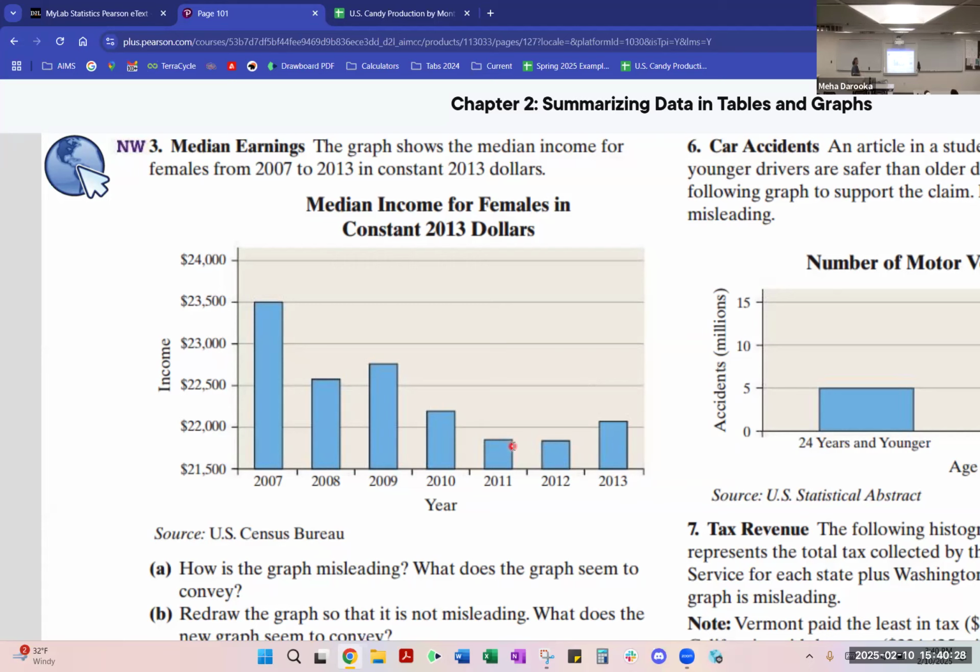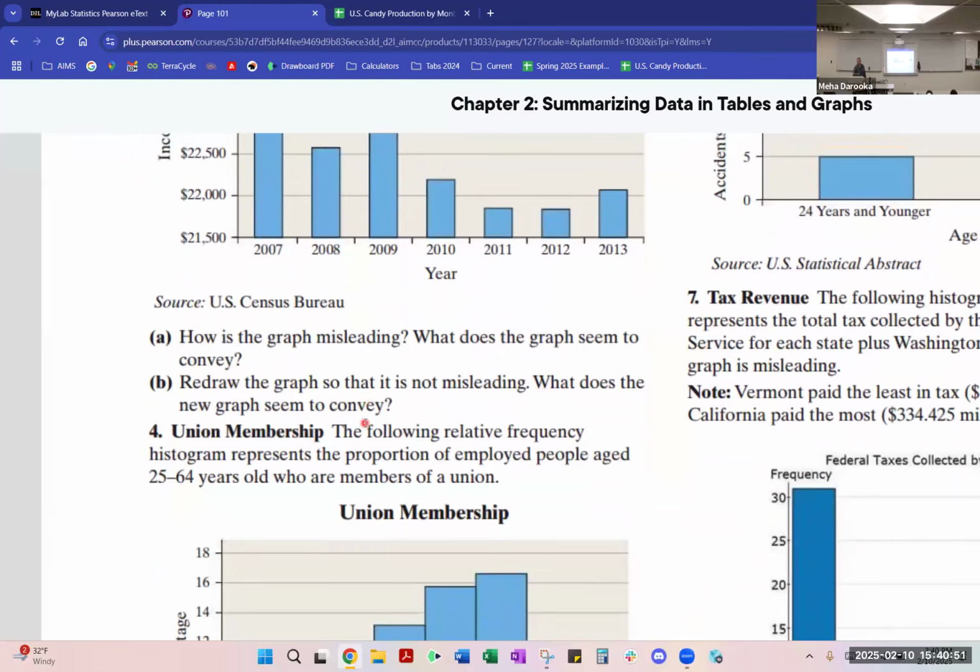Very good. The income does not start at 0. They're trying to show that women were making much more money in 2007 and not as much in 2013. But if you look at the dollar values, we're at 23,500 here, and we're at 22,000 something. So a difference of maybe not even $1,500 there.